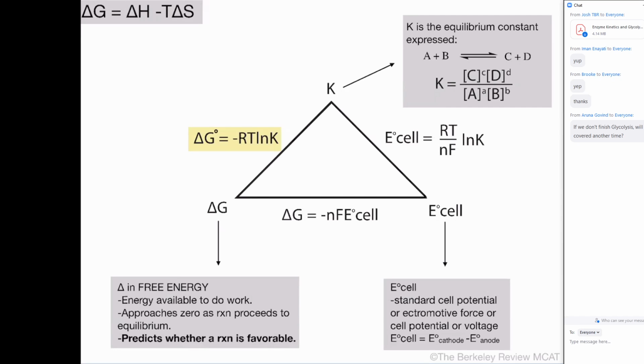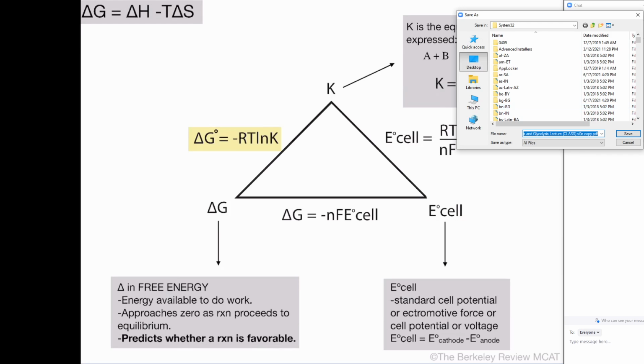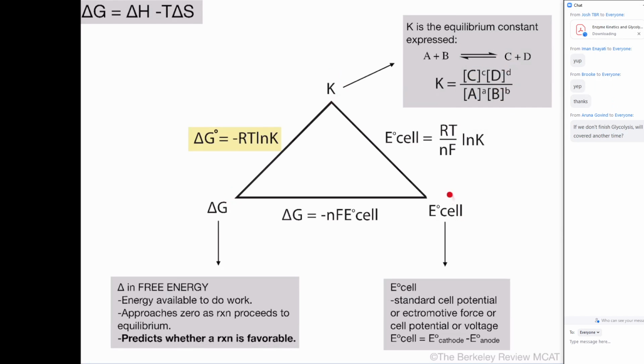And so you can connect these three values, expressions, whatever you want to call them, with various different formulas, right? And so over here, do you guys know what this is?